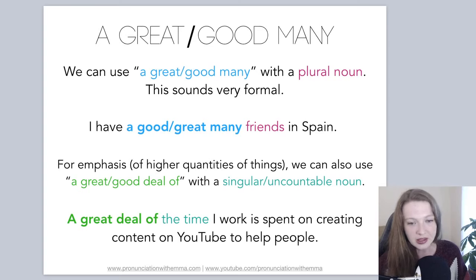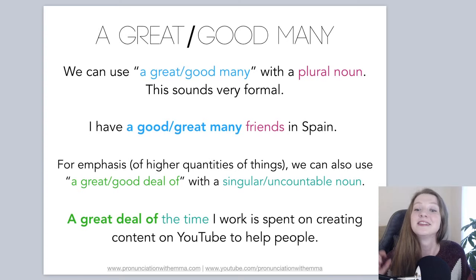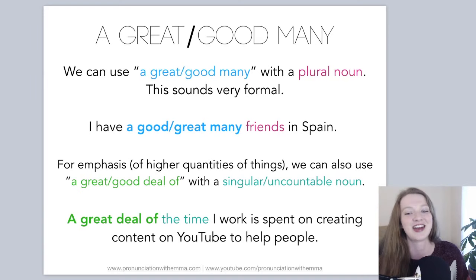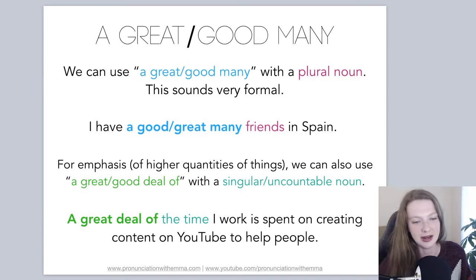So, here, for example, I can say a great deal of the time I work is spent on creating content on YouTube to help people, okay? So a great deal of the time I work means a lot of the time I work is spent on creating content, okay? It's another way of saying a lot of the time that I work, much of the time I work.